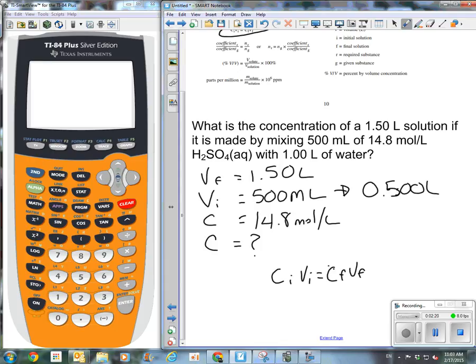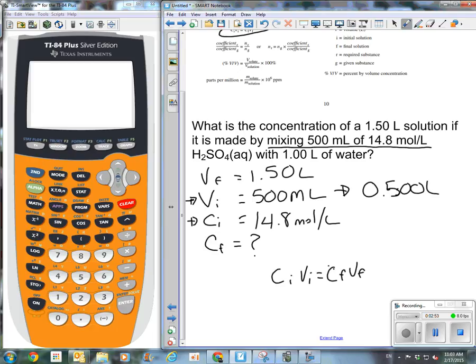The initial concentration is going to be more than the final concentration. The other way is to remember which ones go together. It says it is made by mixing 500 milliliters of a 14.8 mole per liter solution, so those two go together. If this 500 milliliters is initial, then this must also be initial, and this must be asking me for the final one.